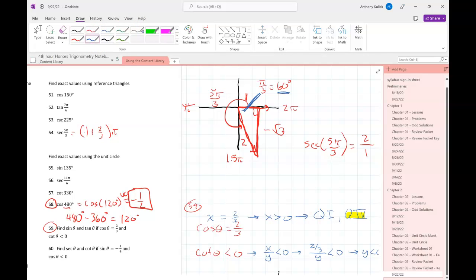You went 300 to get to 360. You have 60 more to go. We're always drawing our reference triangle back to the x-axis, never to the y-axis. We never draw a triangle that way when we're doing trigonometry. Never, ever, ever. Very bad juju to do that. Everything gets all goofed up.